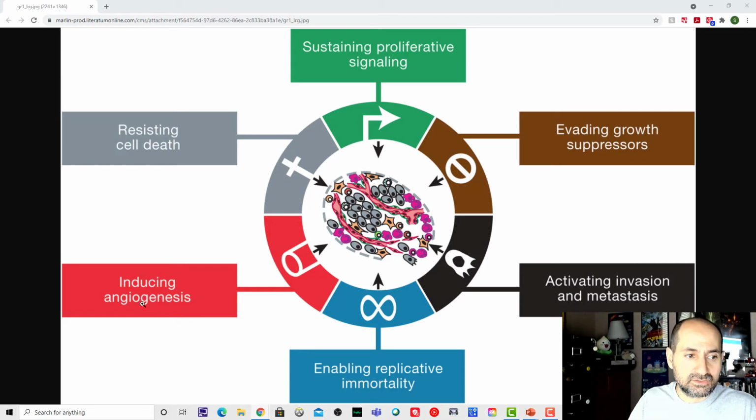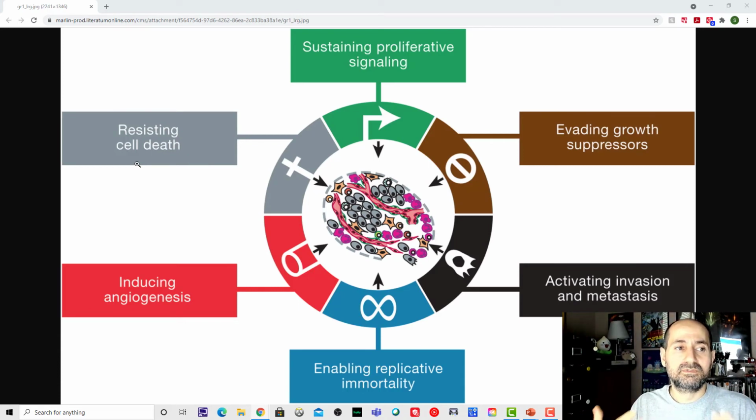They induce angiogenesis, remember, new blood vessel growth. So things like VEGF, this vascular endothelial growth factor, right, causing new blood vessels to form. So now they have an endless supply of nutrients to grow. And they resist death. So they don't respond to normal apoptotic signaling.